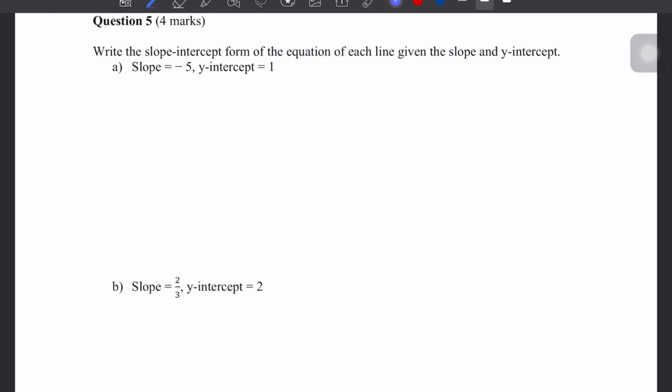Number 5. Write the slope-intercept form of the equation. Let's again, step 1, write the formula y equals mx plus b. Step 2, determine the slope and y-intercept: slope m equals negative 5, b equals positive 1.